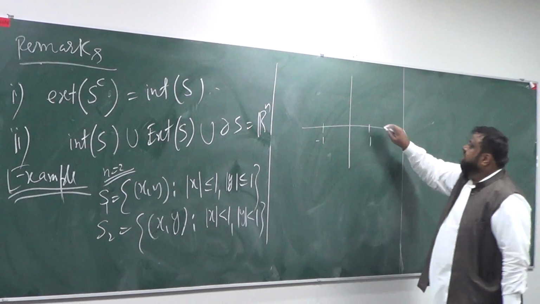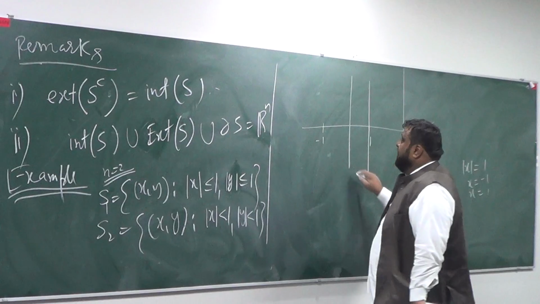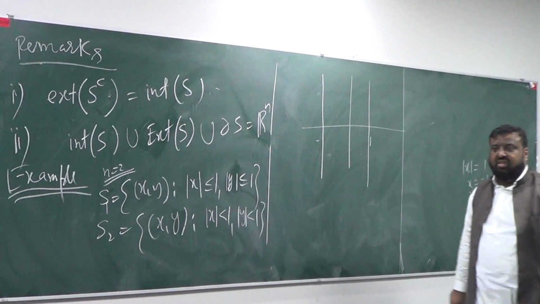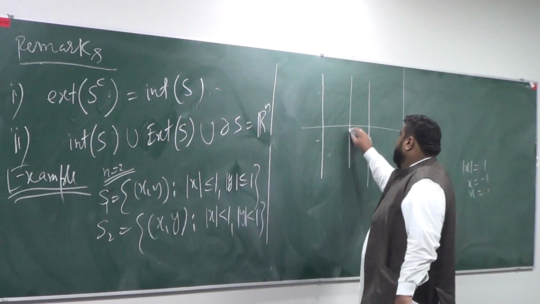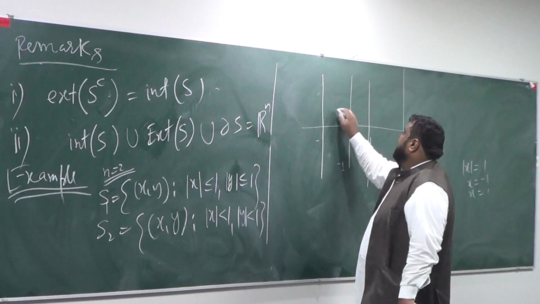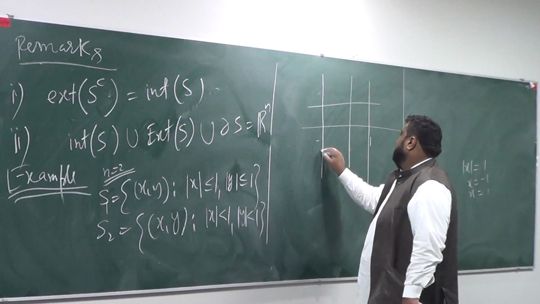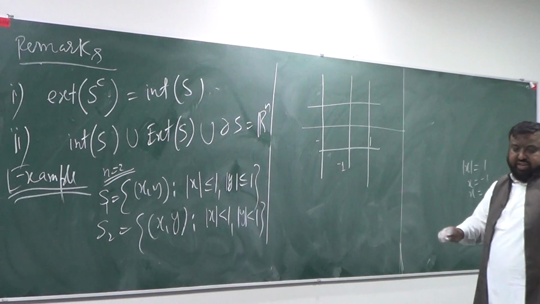So you have a line that goes through 1 and a line that goes through -1. How about in the case of y? Again a line through -1 and +1. This is roughly the picture of it.